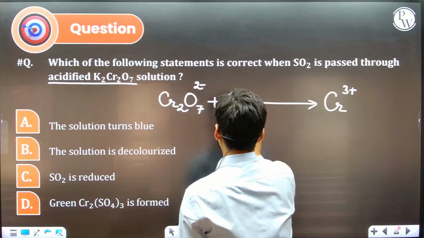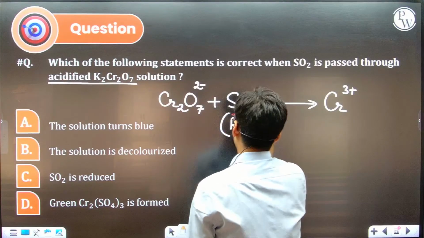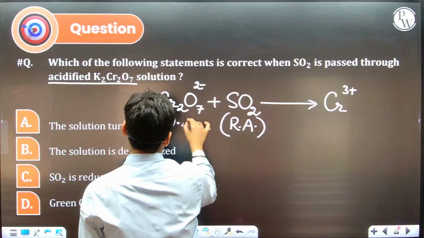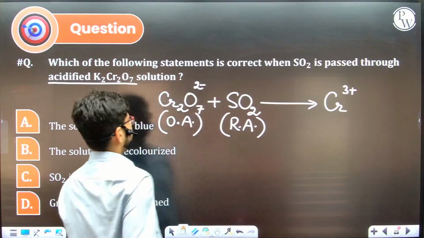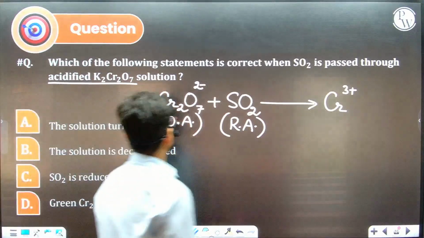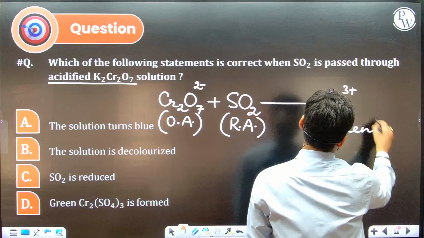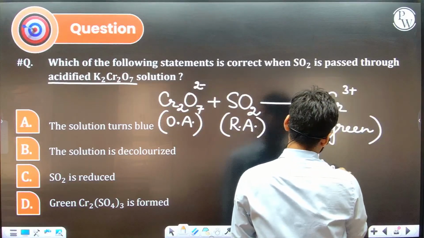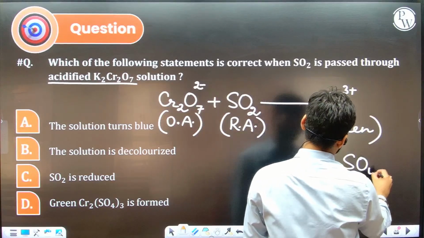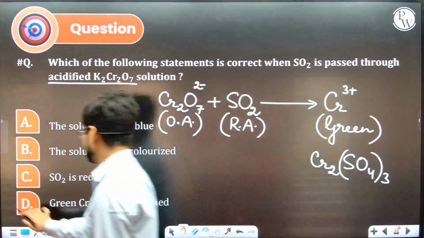So this is getting oxidized, which means it's acting as the reducing agent, and this is acting as the oxidizing agent. Right? And Cr3+ is green in color. So basically Cr2(SO4)3 is formed. So D is the correct answer.